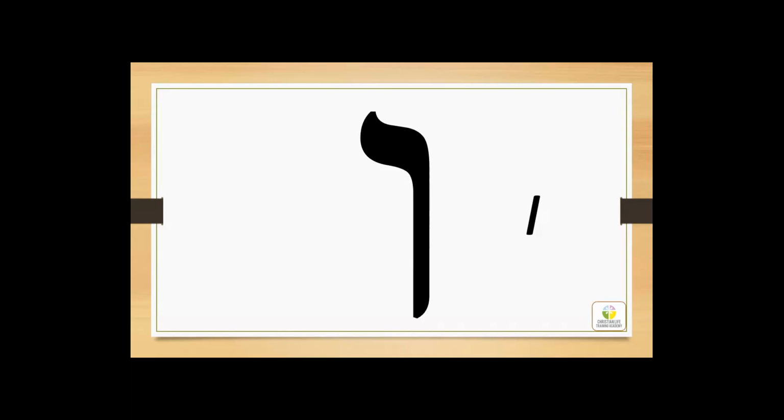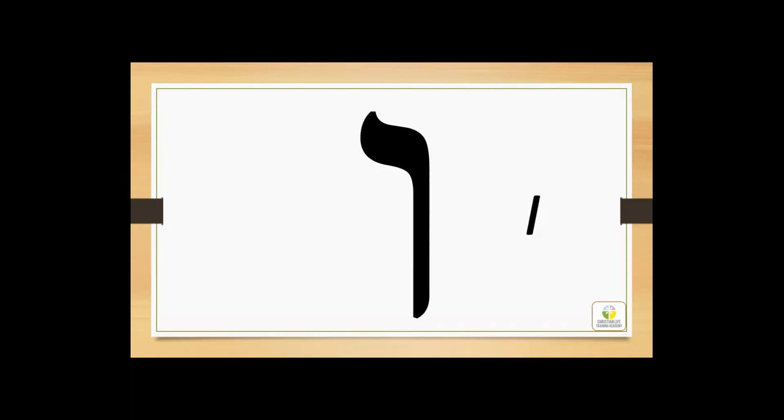That's Vav. Vav looks like a valve. It holds things together. It also stands for a nail, the nail that you can hit into a thing. It can secure things. It's called and, A-N-D. Like my Hey is the, so my Vav is and.